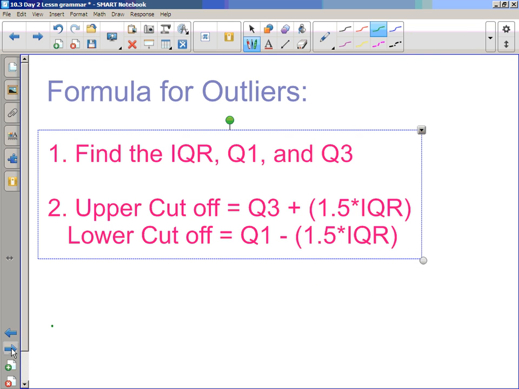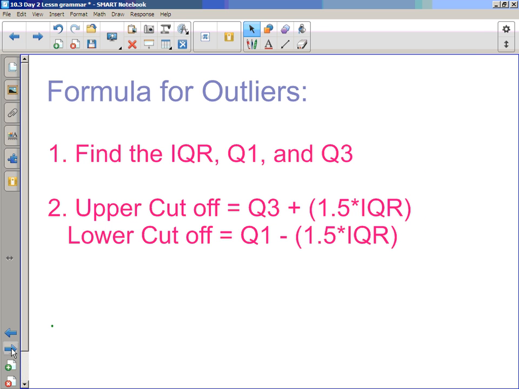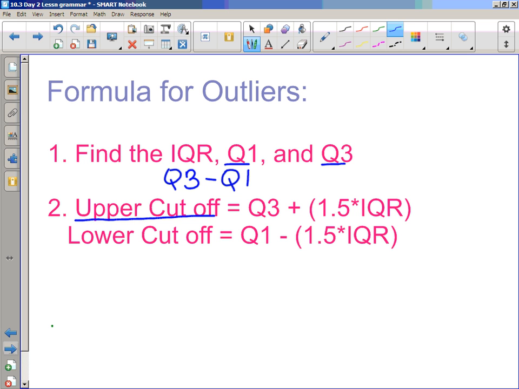Right, so outliers, there's a formula like I said. And yesterday we learned what the IQR is. The IQR, remember, is Q3 subtract Q1. So in order to find the IQR, we need to find Q1 and Q3. Once we find that, any number that's above our upper cutoff is going to be an outlier, and any number that's below our lower cutoff is going to be an outlier.